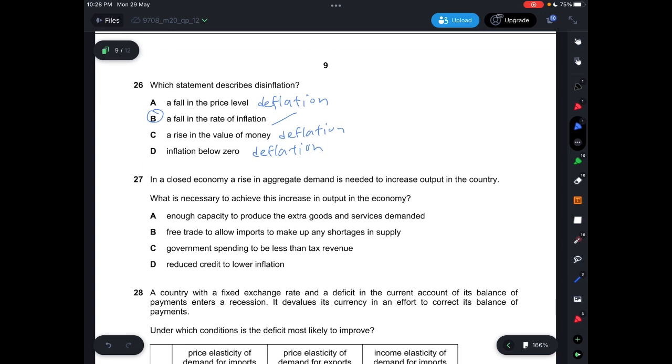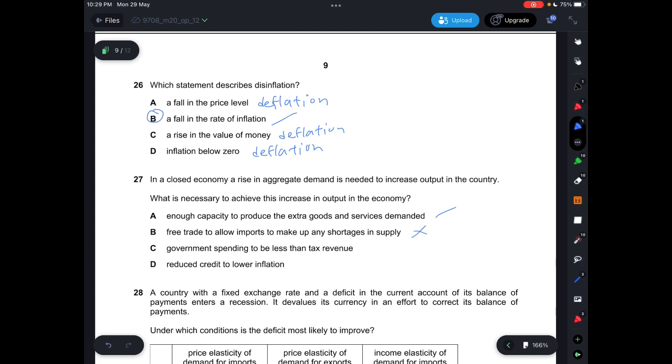Question 27. In a closed economy, a rise in aggregate demand is needed to increase output in the country. What is necessary to achieve this increase in output? So AD must shift to the right. A says enough capacity to produce the extra goods and services demanded. Yes, this is correct. B says free trade to allow imports to make up any shortage in supply, which is not correct.